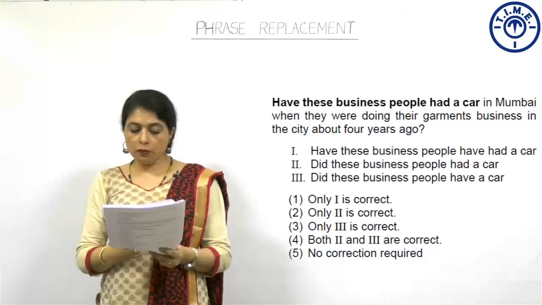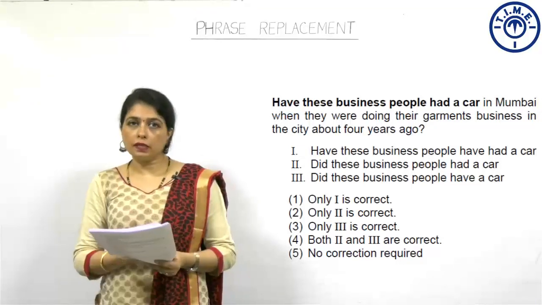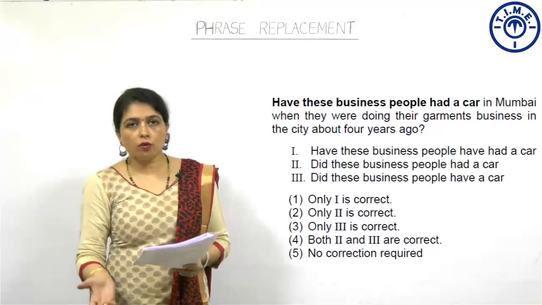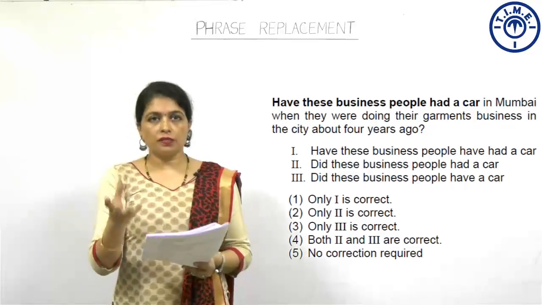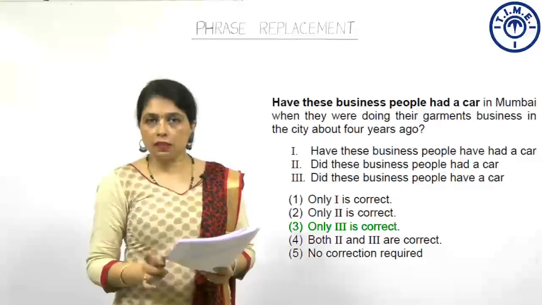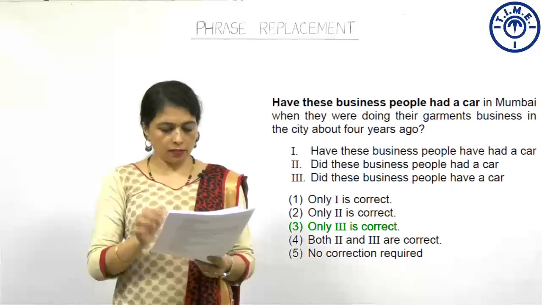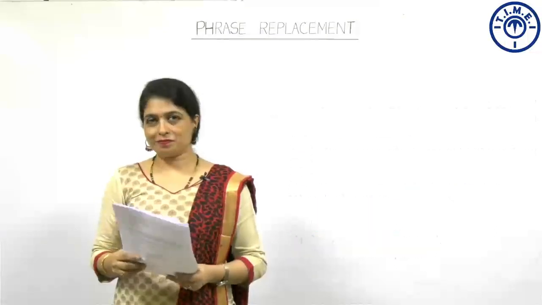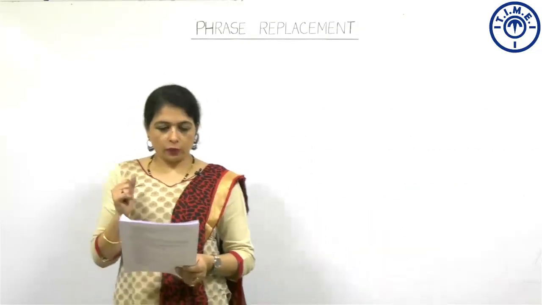"Did these business people have a car?" This is the correct thing, because "did" over here is followed by a verb in the present form. "Have" is a present tense verb, so we mark option 3 as our correct choice because it says only 3 is correct. So, I continue with the next question.